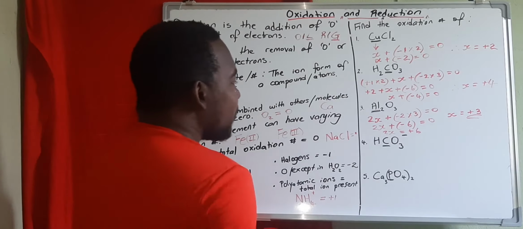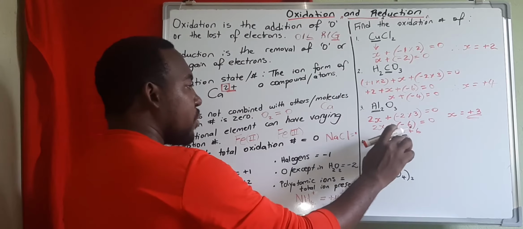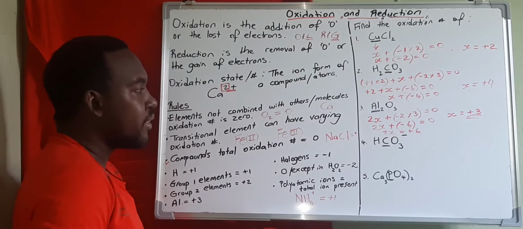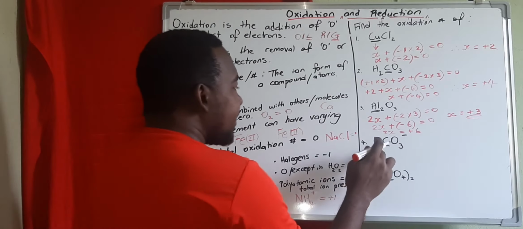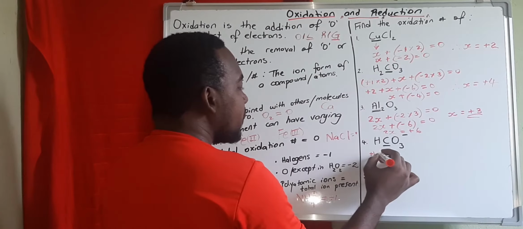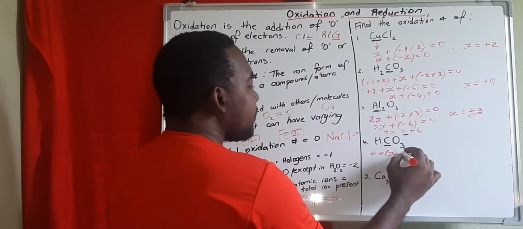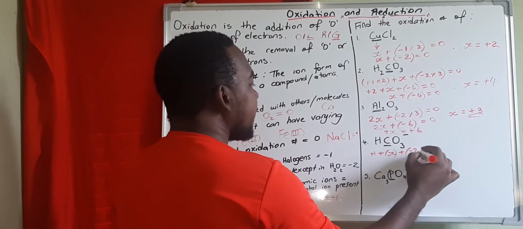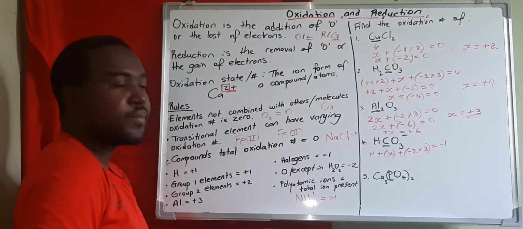All right? Let's look at question 4. Now this here is a polyatomic ion because it's in an ionic form right there. So that means the total would be equal to -1. Right? So we have hydrogen here, which is 1 hydrogen, so it's +1, plus carbon here, which we don't know, so we're going to call it X, plus oxygen, which is -2 times 3, equals -1. Right?